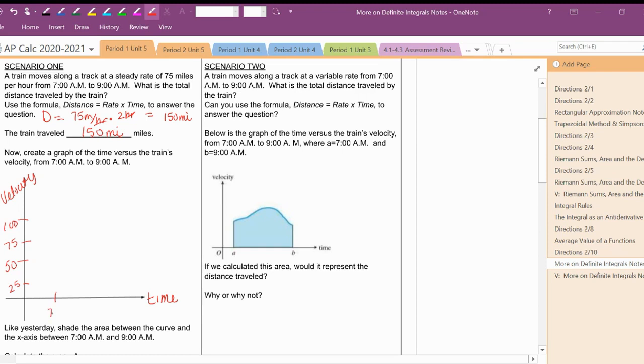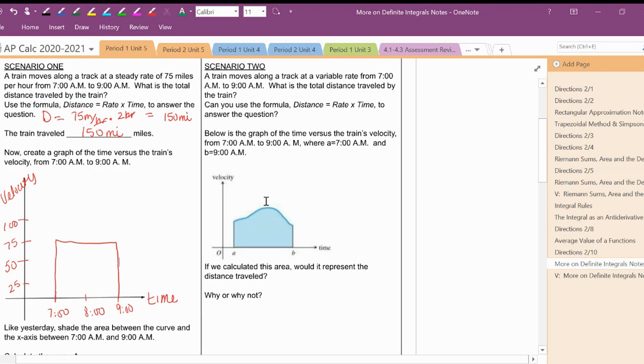And then we've got 7 a.m., 8 a.m., 9 a.m. So we're traveling at a constant rate between 7 and 9 a.m.